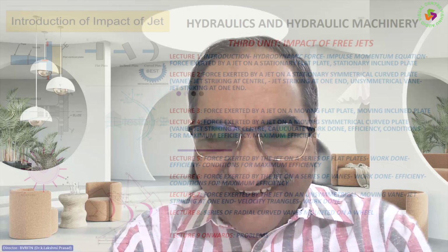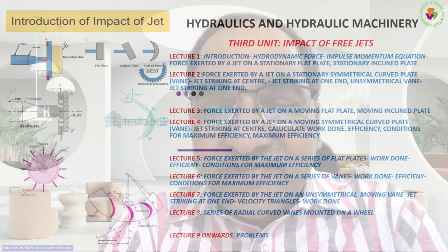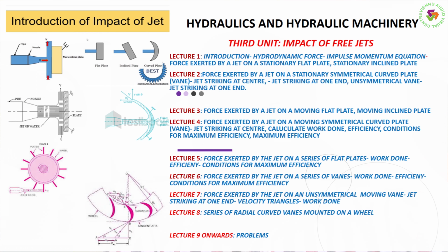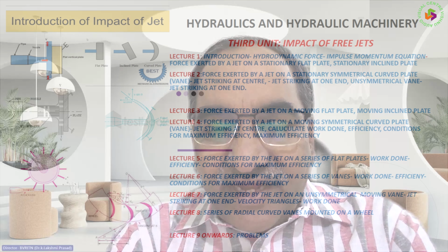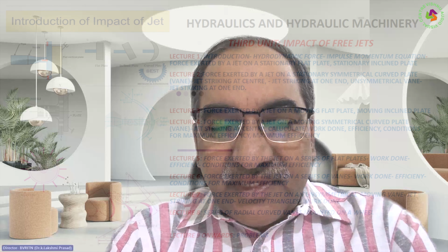In this lecture, let us focus on some more problems related to a single curved vane moving, the jet striking at one end. In such a case, how to calculate the force, how to calculate the work done, power, and efficiency. In the previous lecture, we explained all the formulae that are required to solve the problems related to unsymmetrical vane.